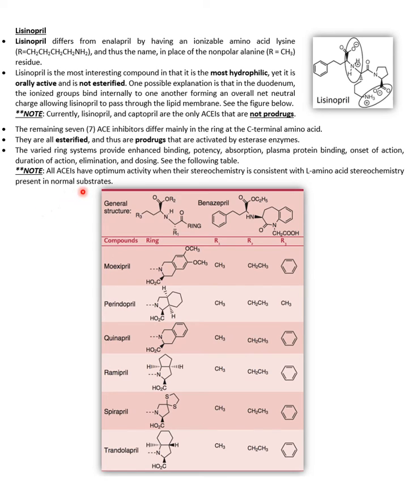There's a note here that says all the ACE inhibitors have optimal activity when their stereochemistry matches that of the amino acid. Of course, remember we designed these molecules to mimic angiotensin I, to compete with it over the angiotensin converting enzyme.